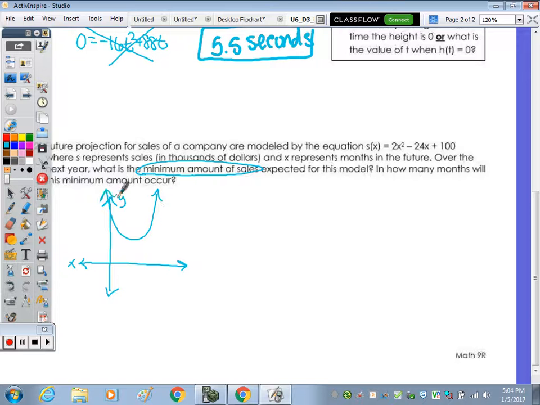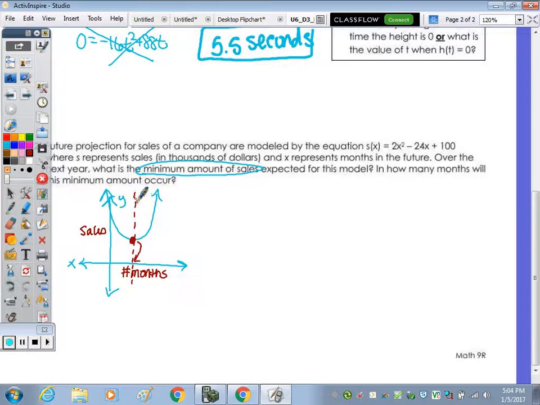Okay, but here's our parabola. Okay, what is the minimum amount of sales? Again, X was the number of months. And our Y is our sales. Okay, and in how many months? So if we're looking at this vertex, we're going to calculate to determine what that X value is.